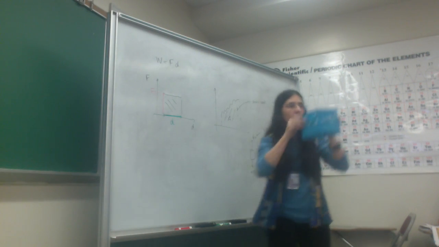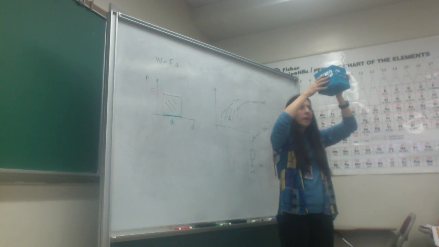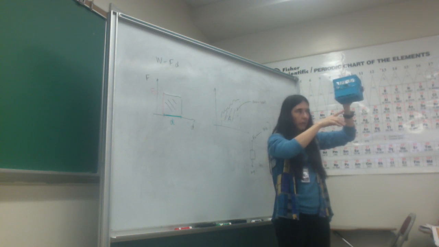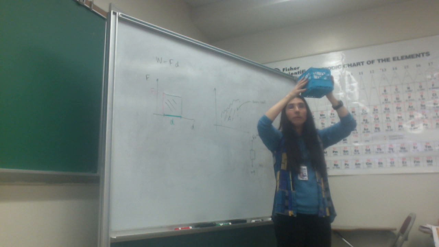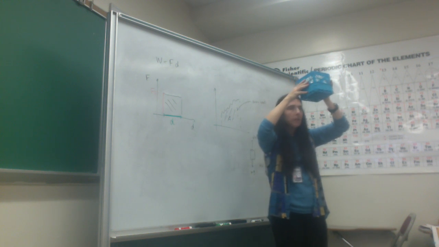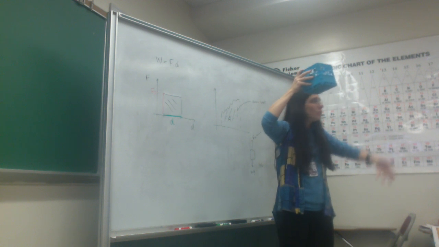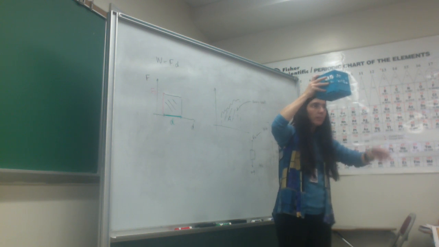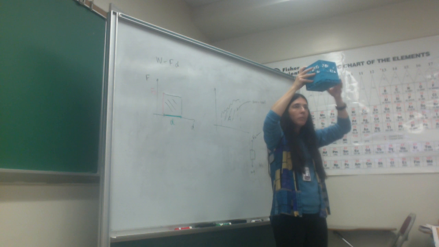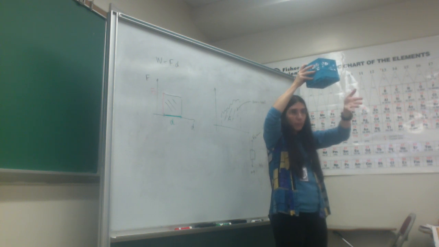For example, here I have my box, and it's high up. It has what we call potential energy, gravitational potential energy. Potential for what? Potential to do work, potential to give me displacement. If I let it go, it will fall.